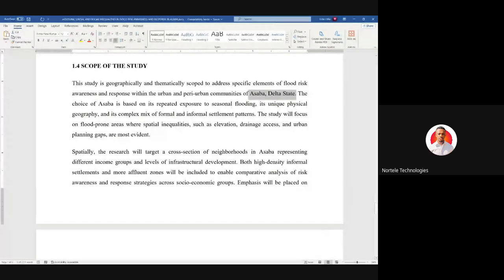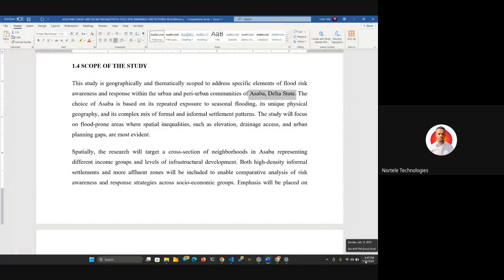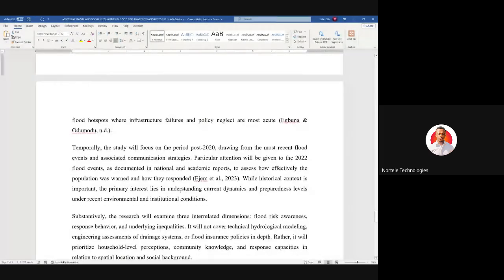Please, if you have any questions, this is the right time for chapter 1, before we touch briefly on chapter 2. Then we enter the final chapter, chapter 3, where you talk about the methodology. That's where they will ask you different questions. So please, before we go on, if you have any questions, go ahead and unmute your mic and ask.